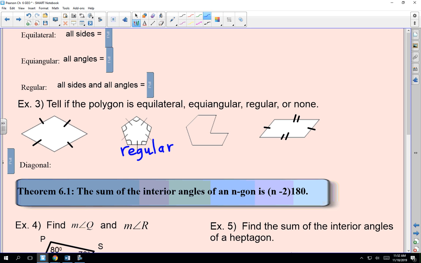So the equilateral one would be this guy. And the Pac-Man there is none of the above. And then we have a parallelogram in there, but it's neither. So these other two are none.